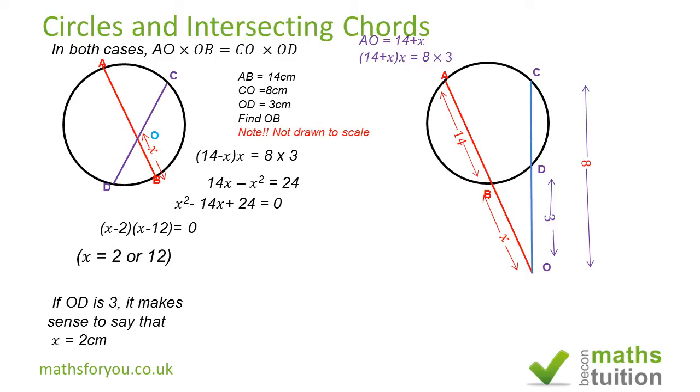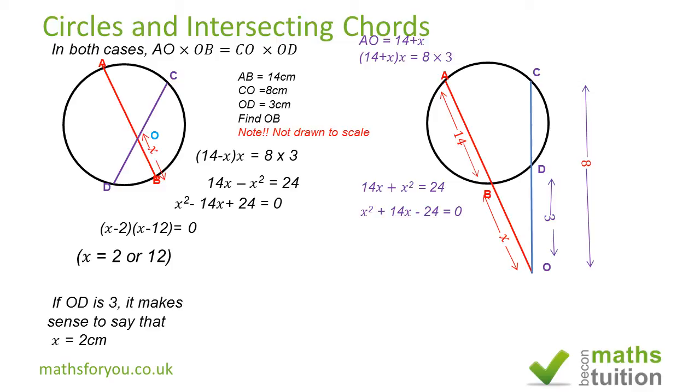So we now have 14 plus X times X is equal to 8 times 3. When we expand the bracket, we have that 14x plus x squared is equal to 24. When we rearrange our expression, we have that x squared plus 14x minus 24 is equal to 0.